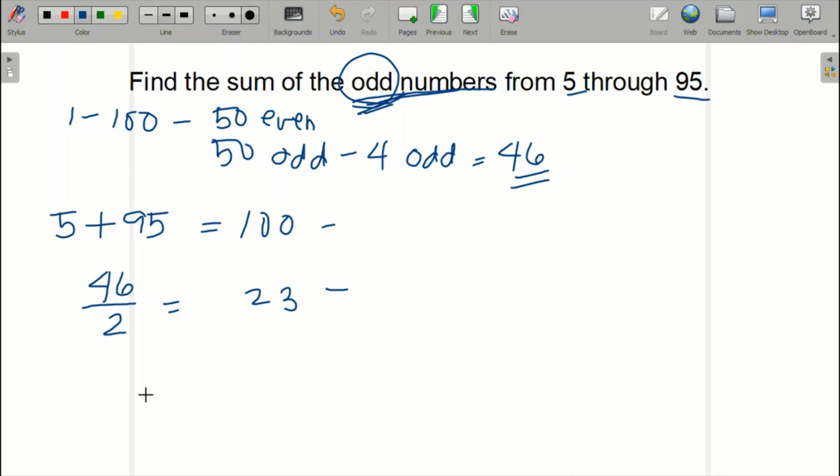Next, the third step, we're going to multiply 100 times 23. So 100 times 23 is equal to 2,300. Now that is the sum of the odd numbers from 5 through 95.